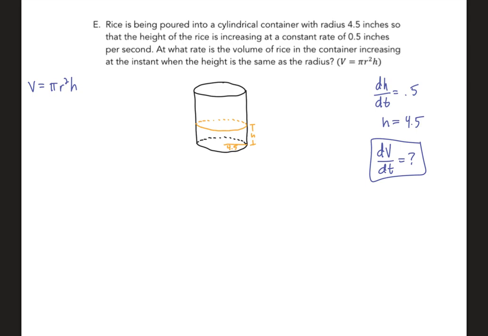But any variable that is changing, like h in this case, you can't plug in this 4.5 until after you take the derivative. So things that are changing, plug in after you take the derivative. Things that aren't changing, plug in before.